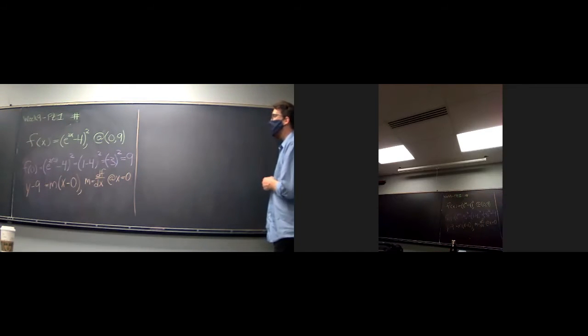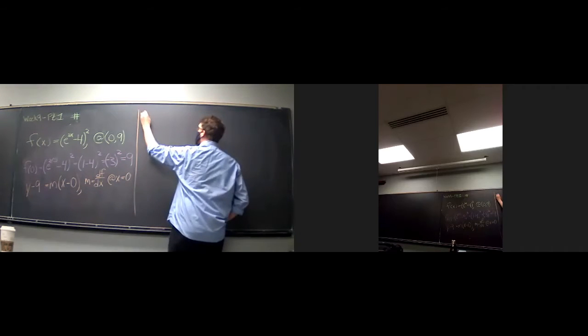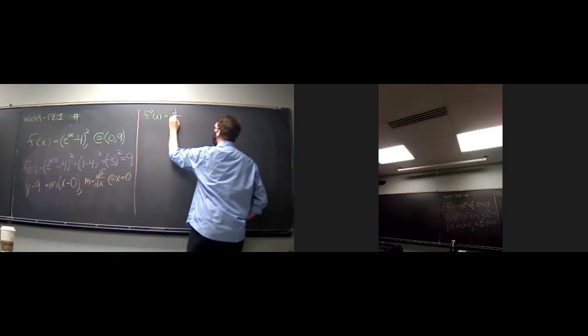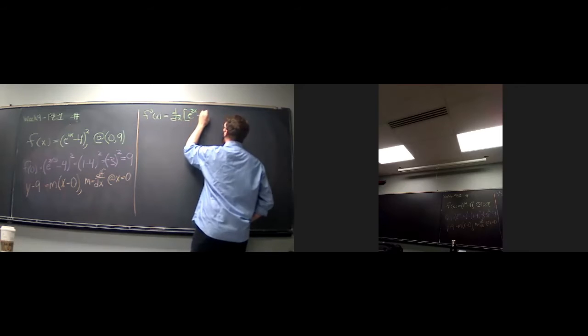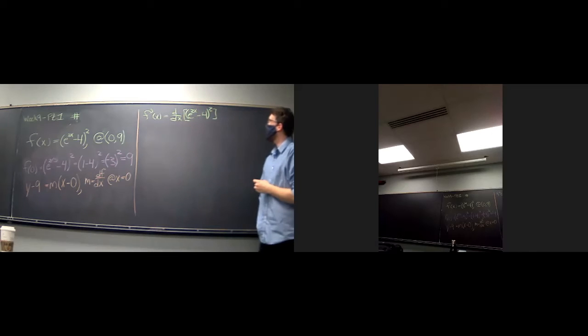So we're going to have to find the derivative of our function. F prime of x is going to be equal to the derivative of e to the 2x minus 4, this quantity squared. Well, we can apply the chain rule here.